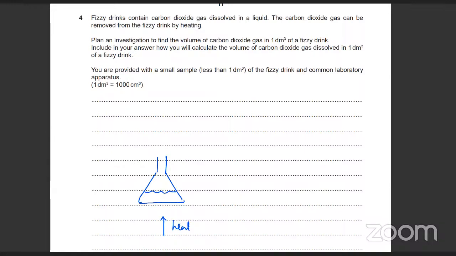What will happen is that it contains carbon dioxide, which gets released. So now you have to close it off from this side and collect the carbon dioxide gas. So I guess that's it.